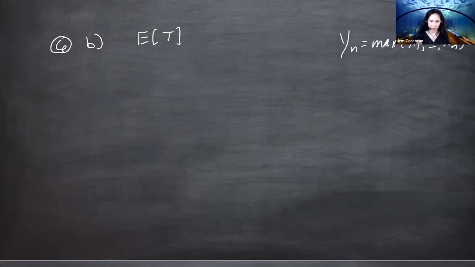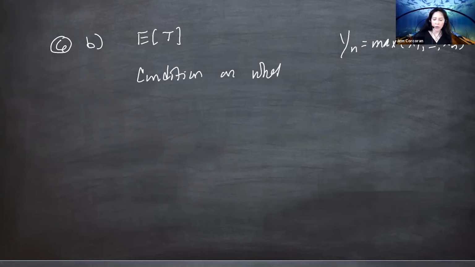And for part B, I would condition on whether or not, so this chain is going to stop the first time this maximum exceeds the number m. So I would stop, yeah, it is just a graph problem. So I would stop this chain if that happened.